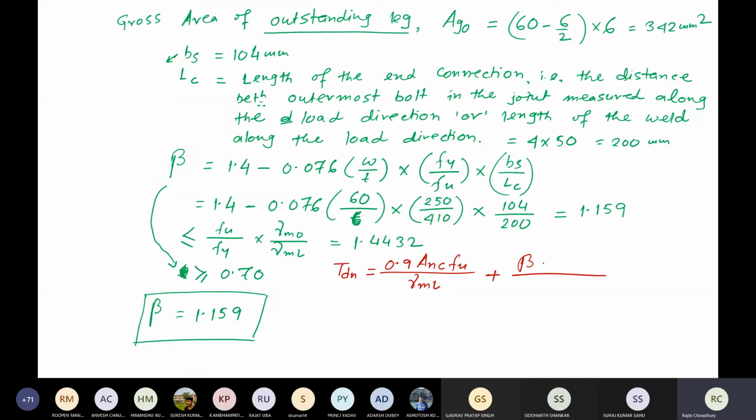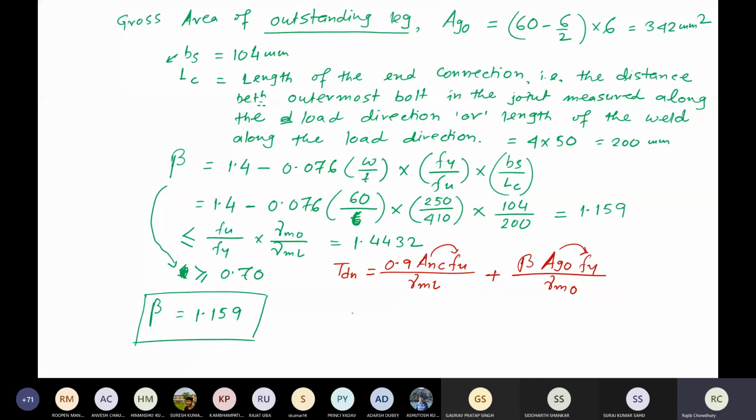In the unconnected part, you will have the gross area multiplied by Fy. Gross area is always associated with Fy. Net area is always associated with Fu. And whenever we are talking about the gross area, then accordingly the factor of safety is also associated with it.